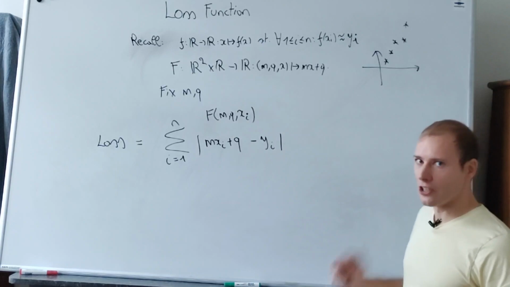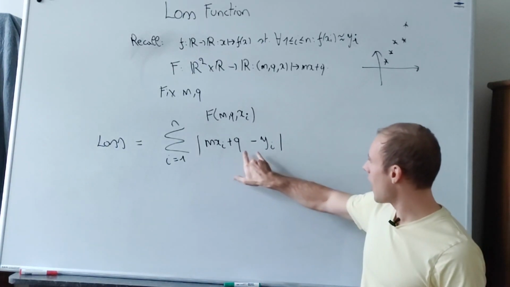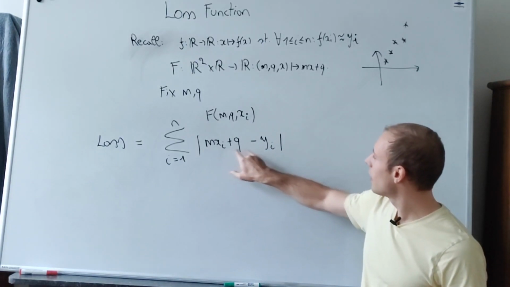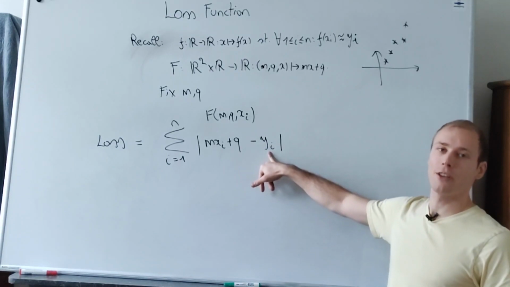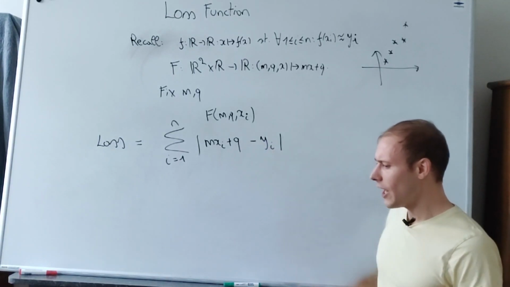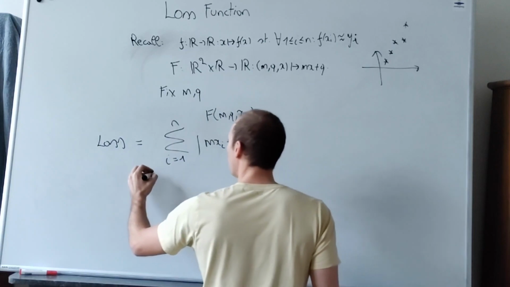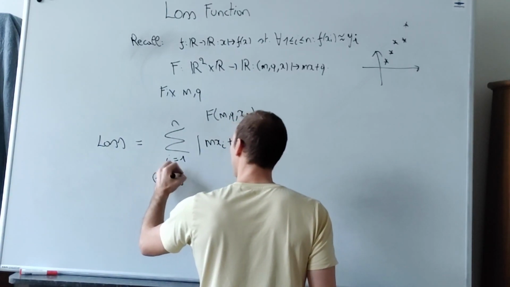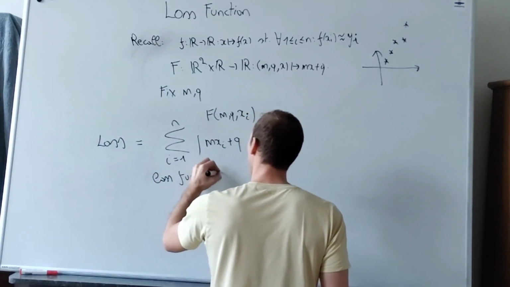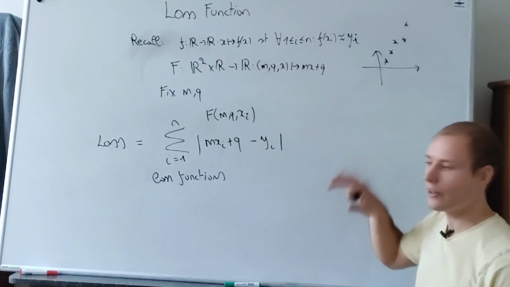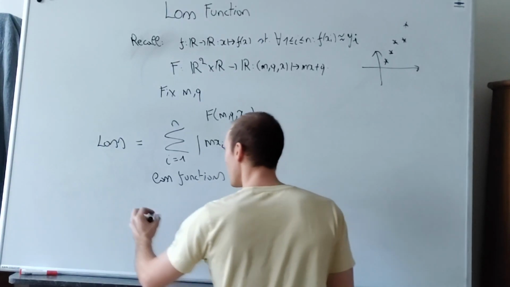Why do we call this loss? Because this is saying how much we are deviating from the actual target values here. And again, we speak about loss of functions because we can actually consider this as a function.